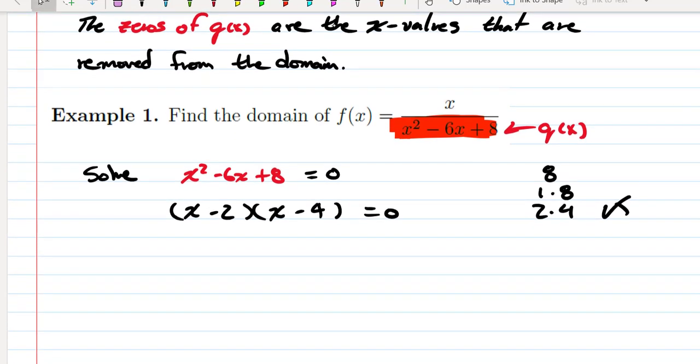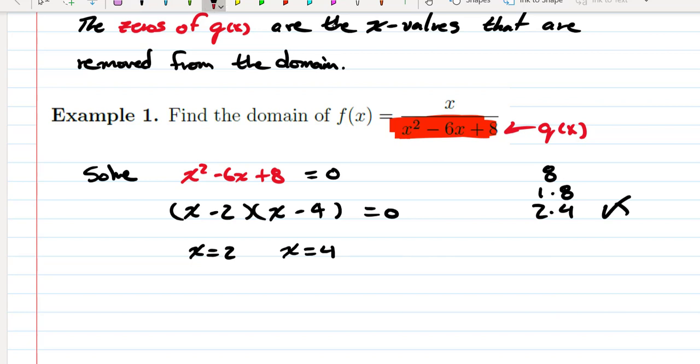So then our two solutions by the zero product rule, well, what makes x minus 2 equal to 0? Well, x would have to be 2. And what makes x minus 4 equal to 0? 4. So our two solutions are x equals 2 and x equals 4.